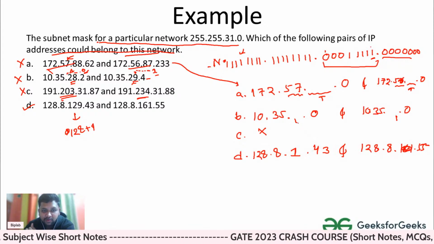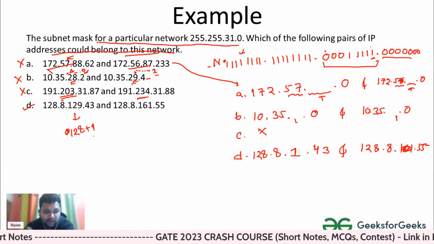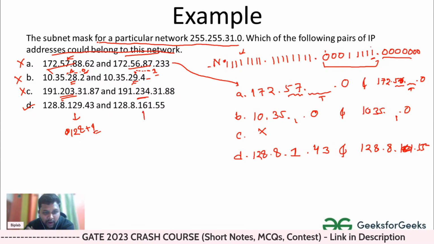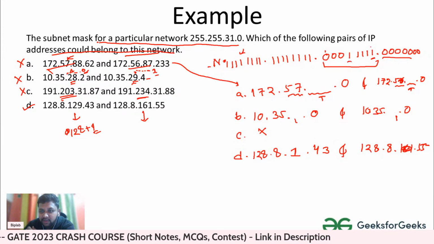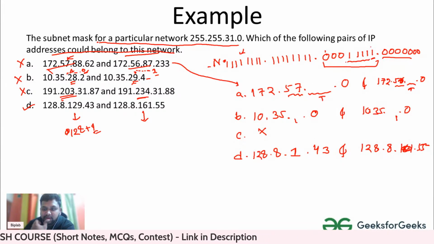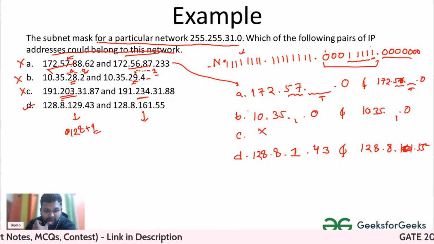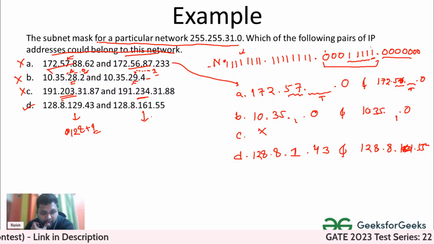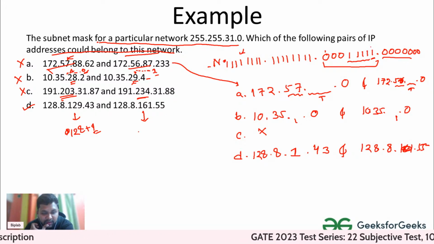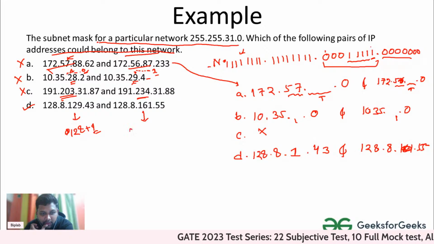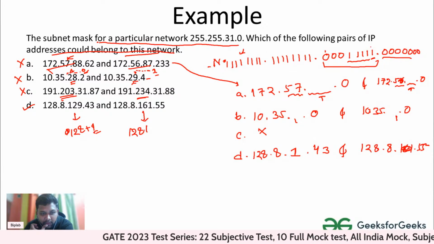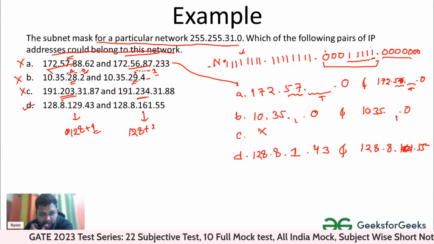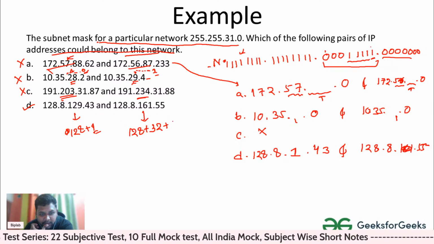So both are odd, so both the MSB, that is 1. You also have to verify all these bits so that they don't intersect. Now 161. For 161, how can you divide it? You can divide it like 128 plus 32, that is 160, plus 1.